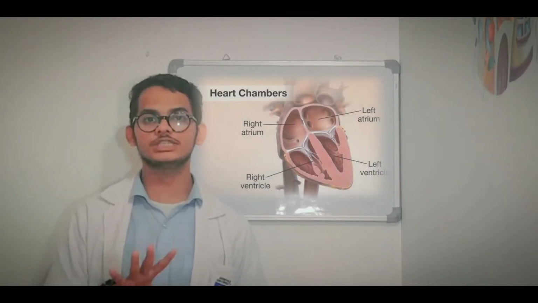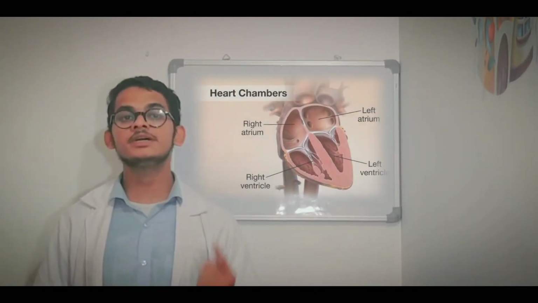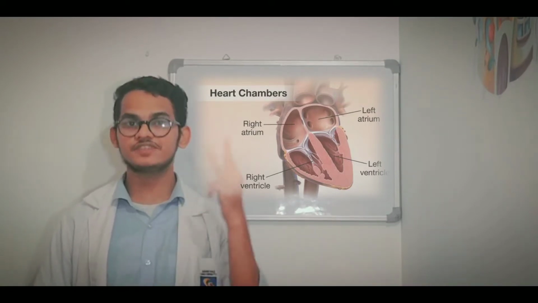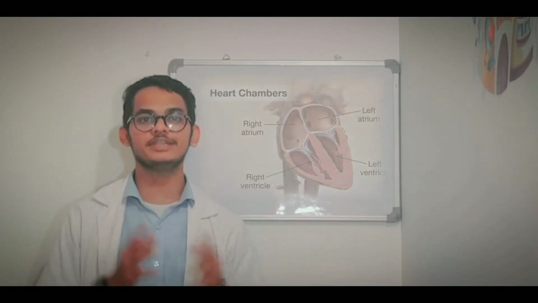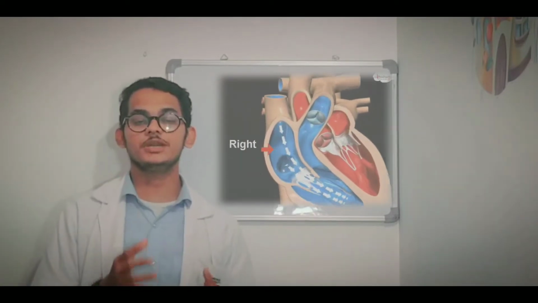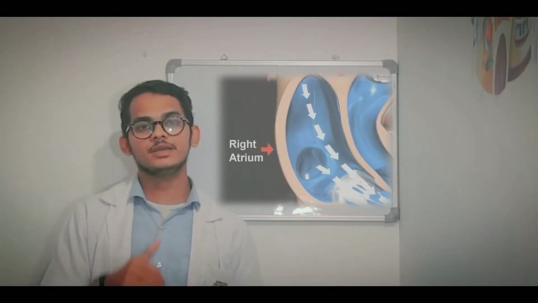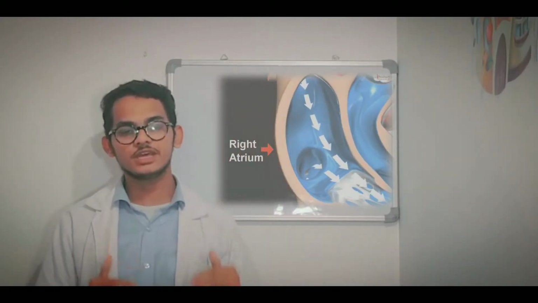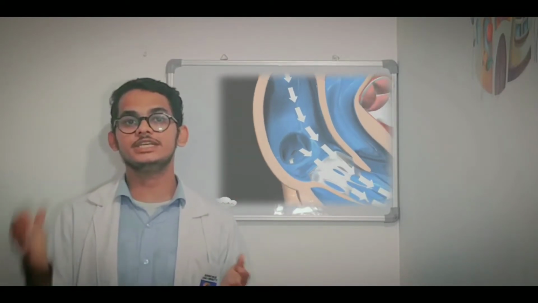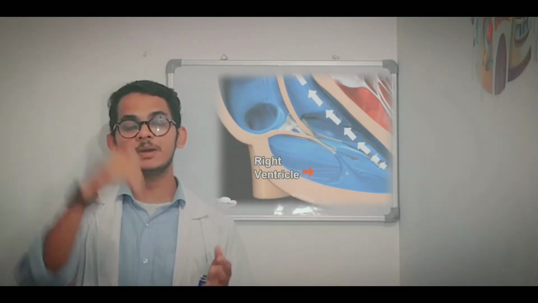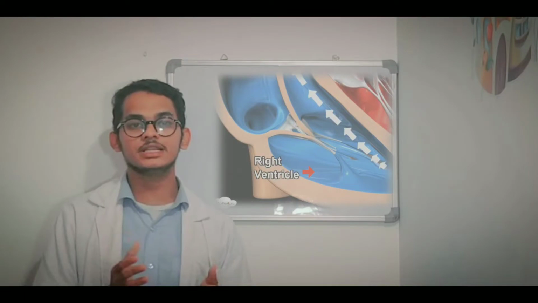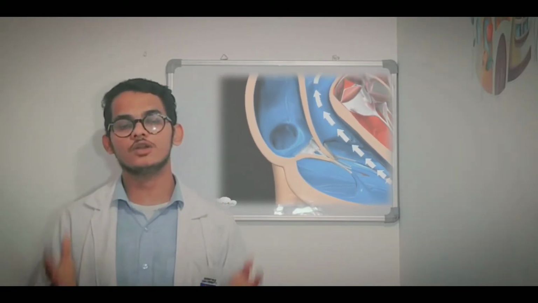It has four chambers: the right atrium, the right ventricle, the left atrium and the left ventricle. The deoxygenated blood enters the right atrium through the superior and inferior vena cava. This deoxygenated blood gets pumped down into the right ventricle through the atrioventricular valve.